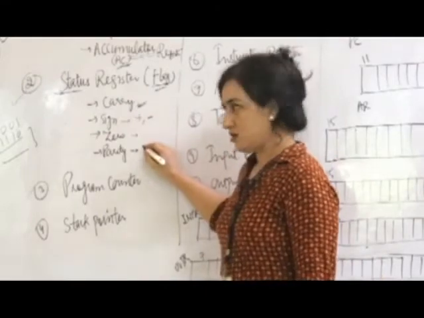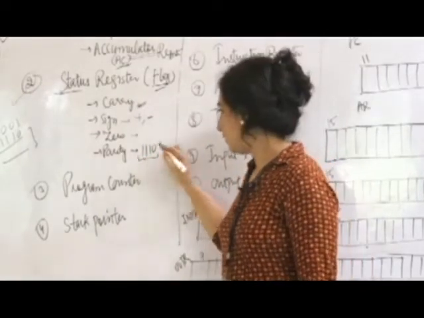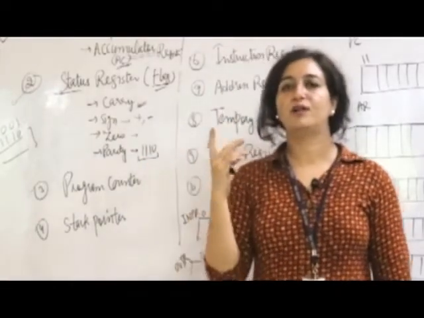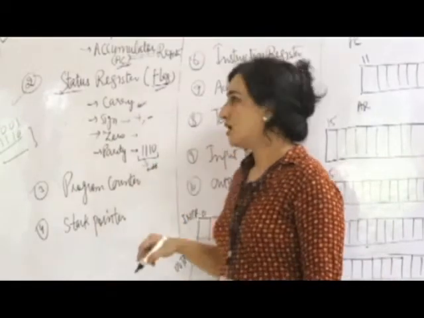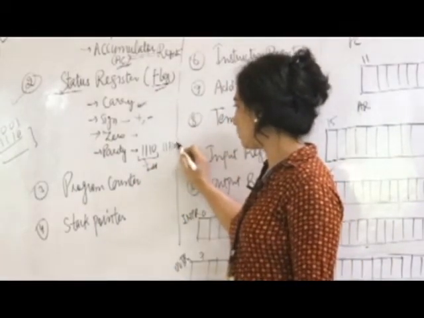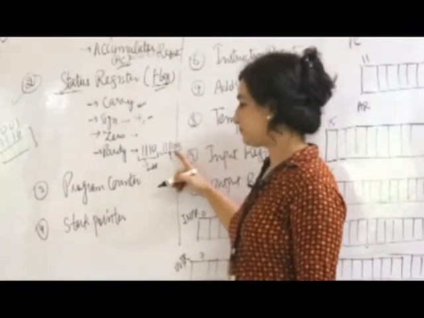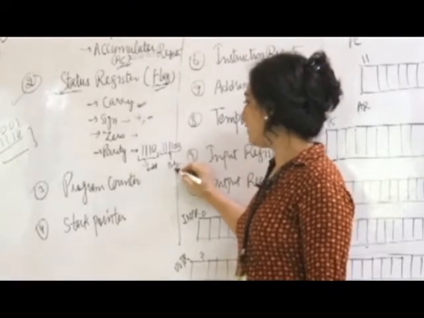Suppose I write 1110. Here there is an odd number of ones, that is called odd parity. Or if I write 111100, here there is an even number of ones, that is called even parity.